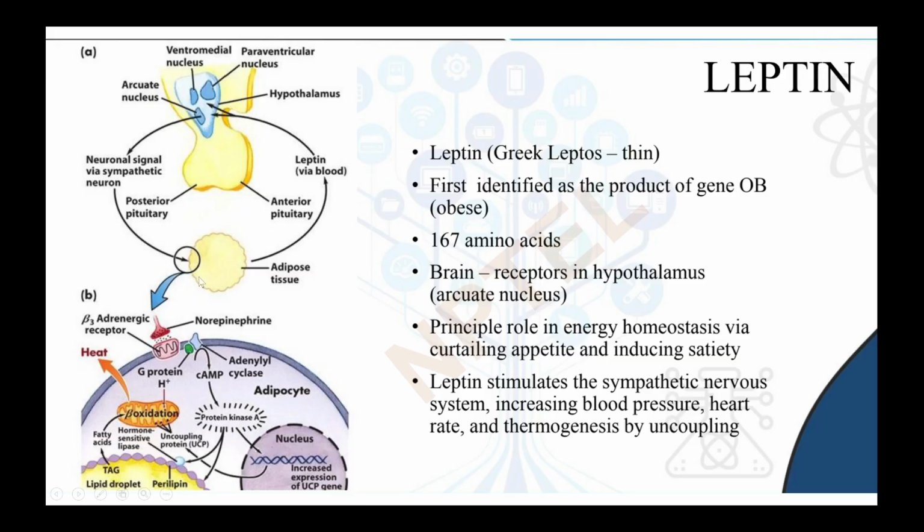So you can see here from the adipose tissue, it is released, and it will go and act on the hypothalamus of the brain, where it will release certain neuronal signals, and those neurons then bind to the adrenergic receptors, and that will in turn release a cascade of reactions, activate cAMP dependent protein kinase, and then eventually activate the different pathways. Okay.